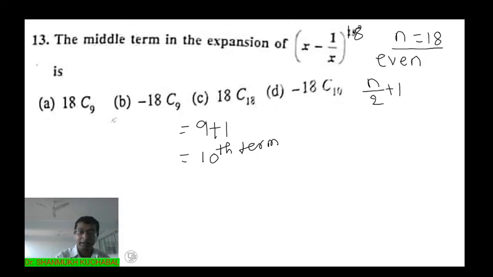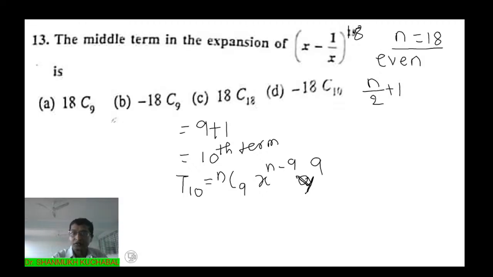Then we use the general formula T(r+1), that is T10 equals nC9, x raised to n minus 9, and y raised to 9.